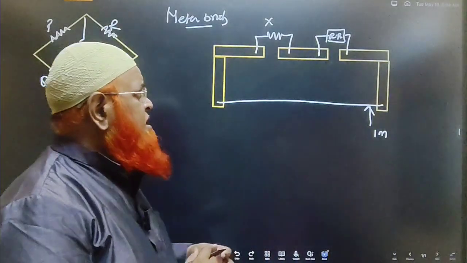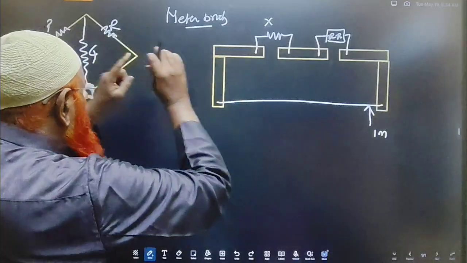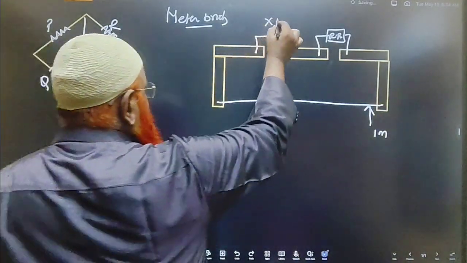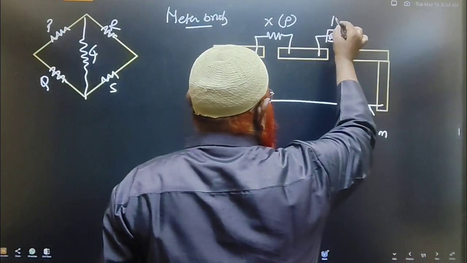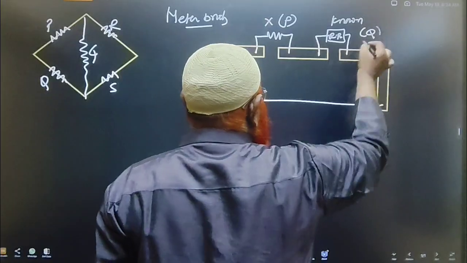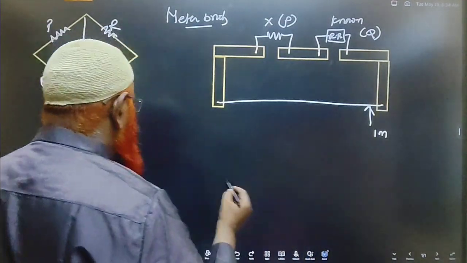Now, if you compare this Wheatstone bridge with the meter bridge, what are the elements you are going to compare here? The first thing is this X is called P, and this known resistance box is given as Q here, isn't it? Now this is a wire having a length of 1 meter.